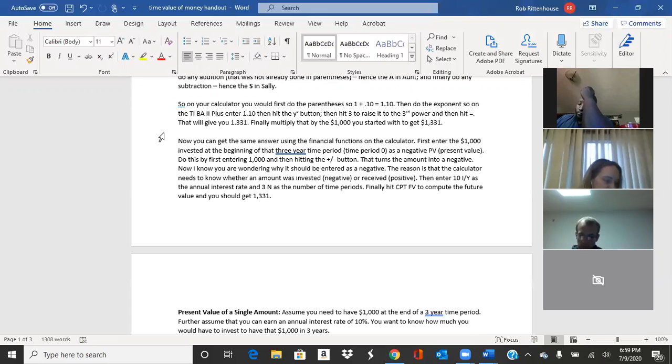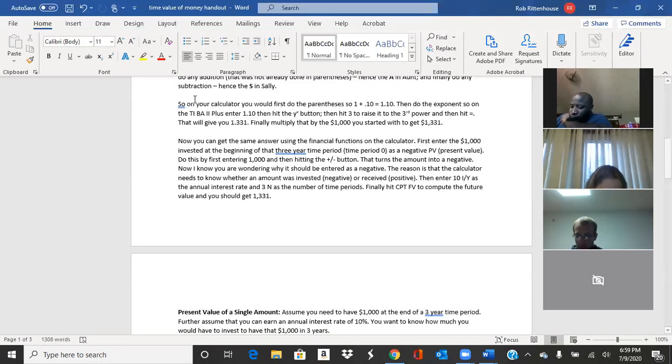Hit 1.10 and then look for the Y to the X button. It's right above the 9. Y to the X, then hit 3, and then hit equals. You get 1.331. And then, of course, you multiply that by the 1,000 to get 1331, the same number we had.